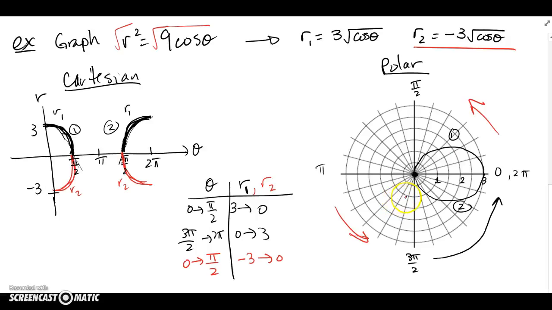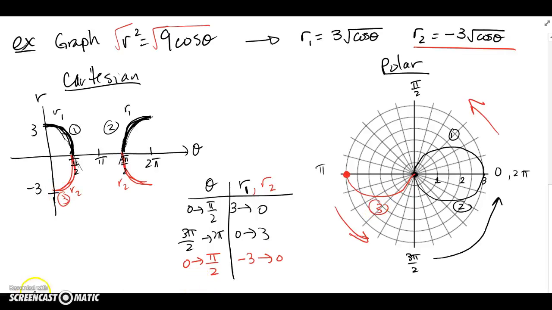At the 0 angle I'm at -3, so back here I have an r value of -3, and as I sweep, that -3 increases back to 0. So I get a piece here that would be symmetric to that. Mine looks a little bit off. So that's piece 3 and piece 3 here.